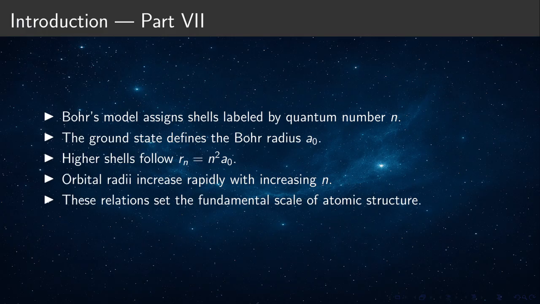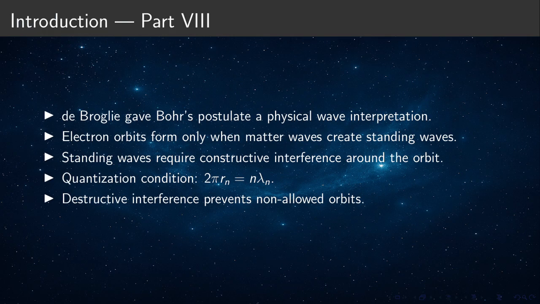Higher shells follow the relationship R sub n equals n squared a0, demonstrating that orbital radii increase rapidly with increasing quantum number. What Bohr introduced as a postulate finds a physical interpretation through de Broglie's wave mechanics.